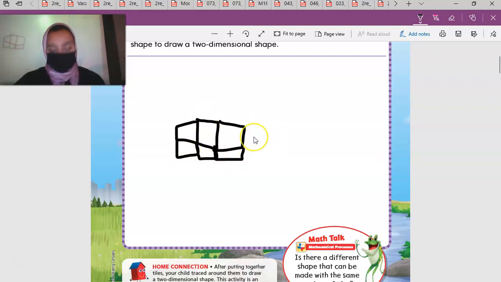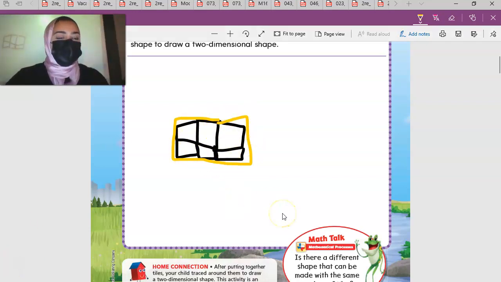I know mine don't really look like squares because I didn't trace it, but yours will because you're going to trace it. My onliners, yours may look like mine because you don't have any to trace. But what we're trying to get to is how many square tiles are in a shape. So this shape is actually a rectangle and it has 6 color tiles.